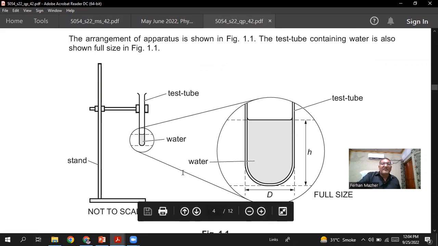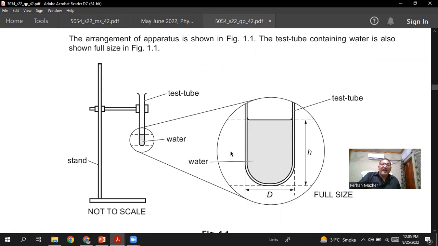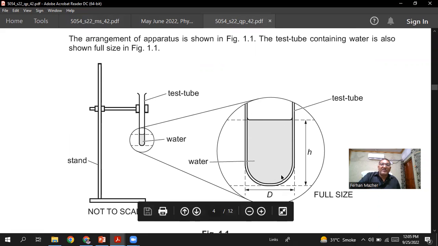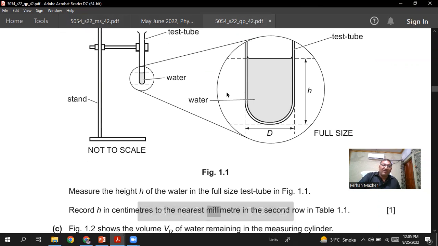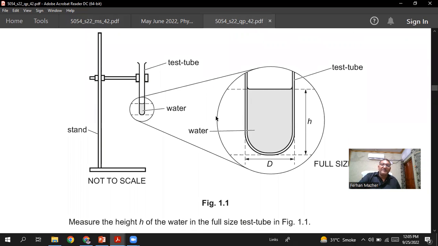So here you have the stand, and this is that test tube in the clamp, and you have added some water in it. And this is a zoomed view of the test tube. This is the height of the water in the test tube, and this is the external diameter of the test tube. So this is that full size diagram.